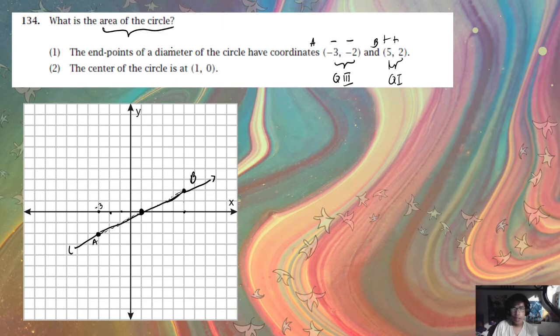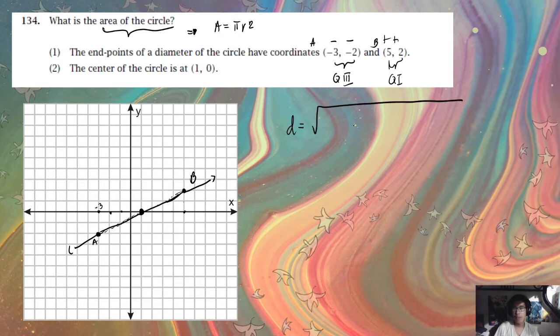For the area, we need to find the radius. To find the distance between 2 points, there is a formula that we'll have to use. To solve for the area of the circle, you need pi r squared. Since we don't know yet the value of the radius, we can't be sure just by counting here, so it's best to use the distance formula.